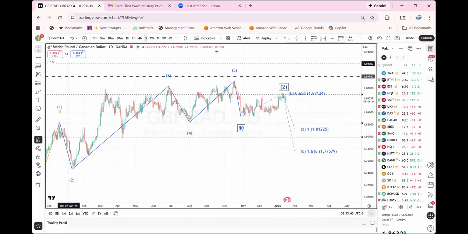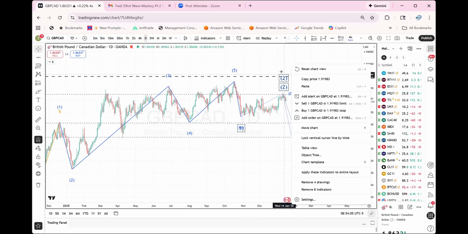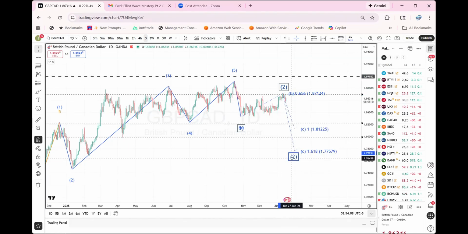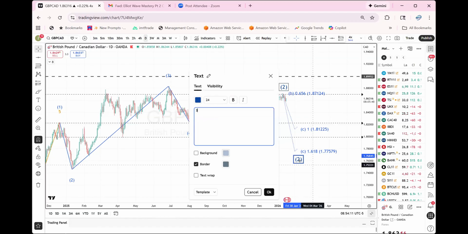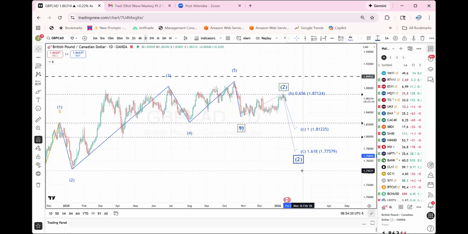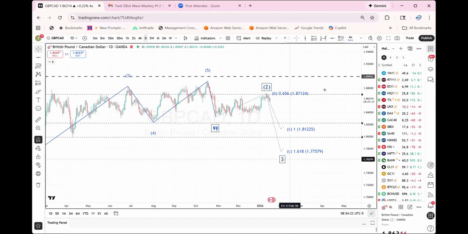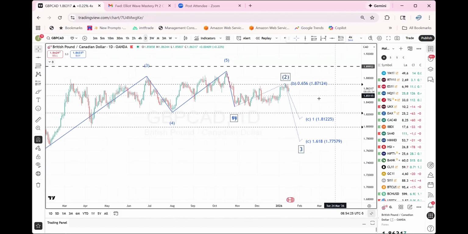And if it breaks that level, which is pretty much the 4 base here, and let me draw this out, now I have a potential of coming to here, right there. So this will draw in just a moment. There we go. So this is going to be very critical here.